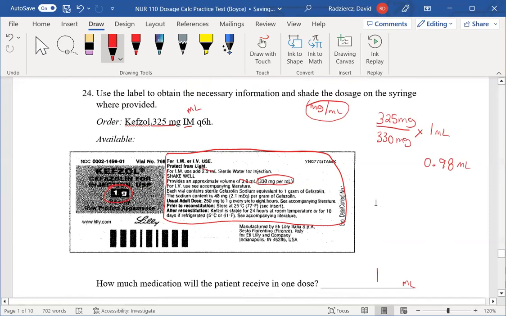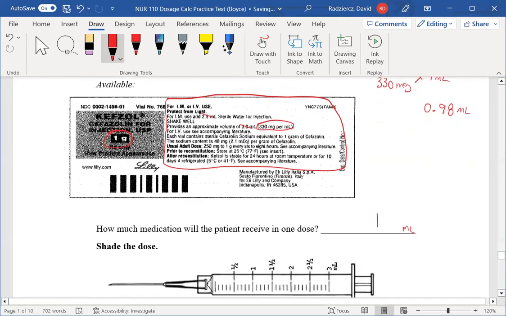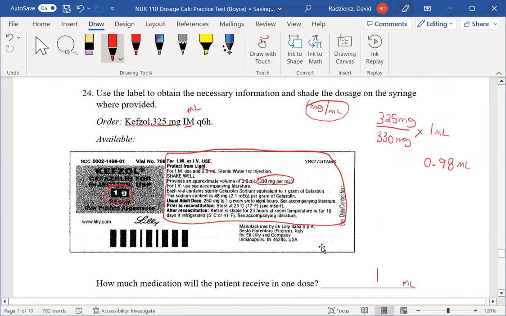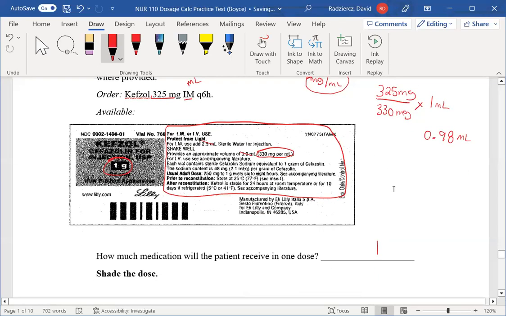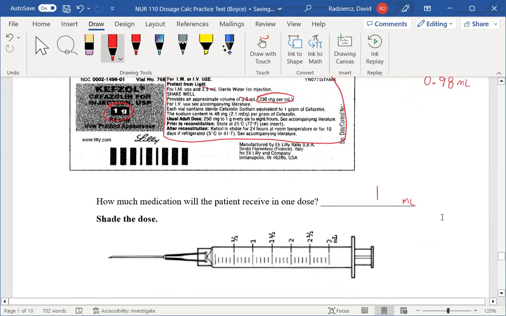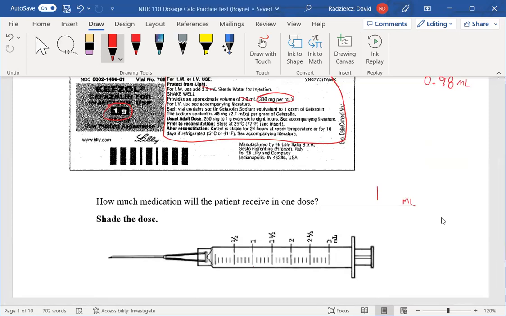Remember, I created the number without looking at the syringe, and I think that's also playing a part. It might just be a badly written question as far as the number I chose, but doing the math part, we're still getting the practice in. So if I'm answering this question, it's closer to 1 than it is to 0.9, so I'm going to answer 1 milliliter.